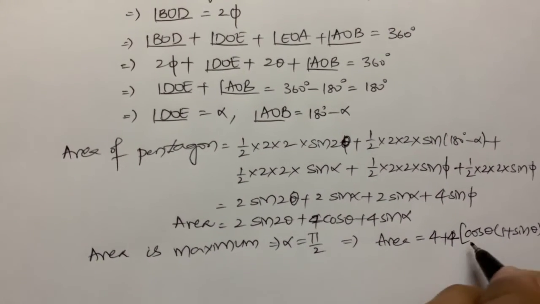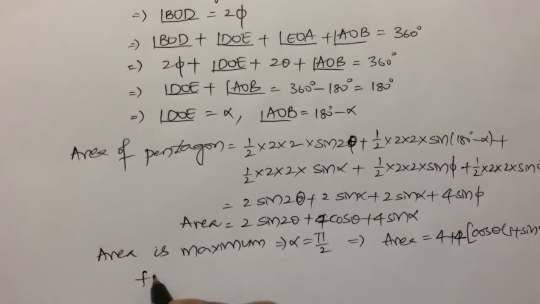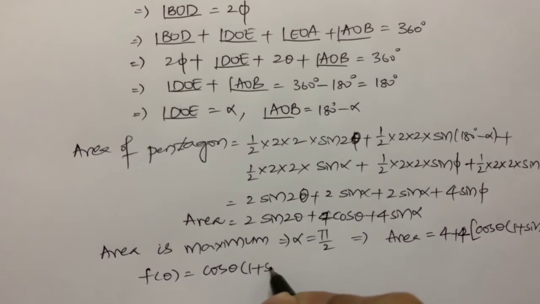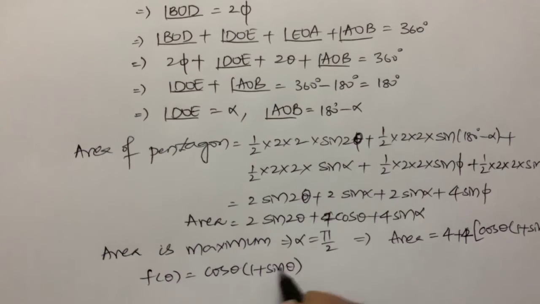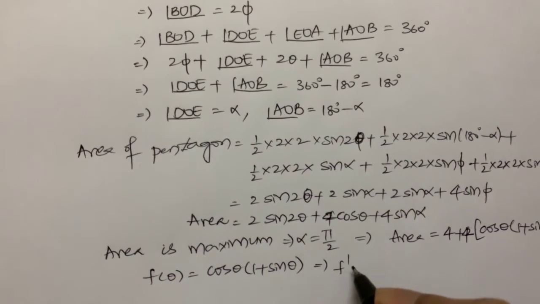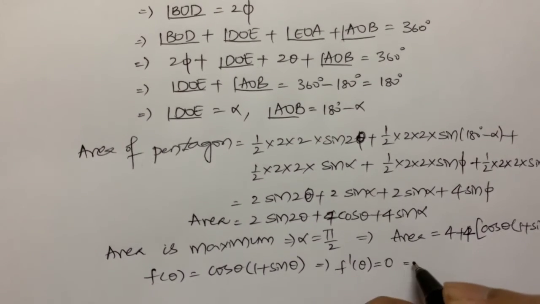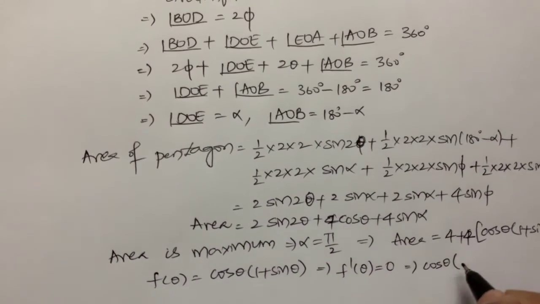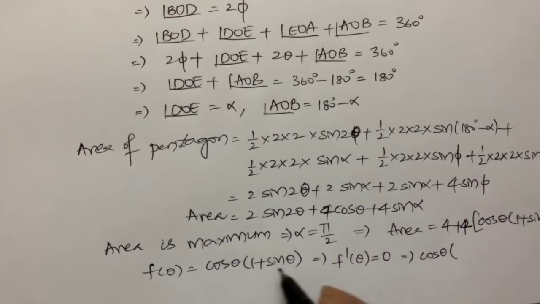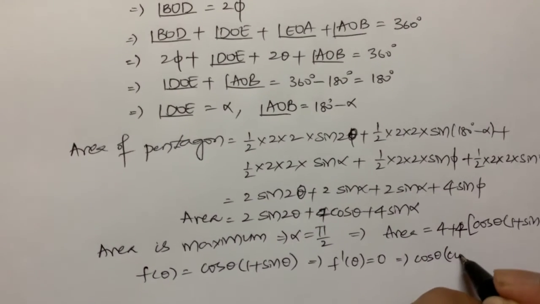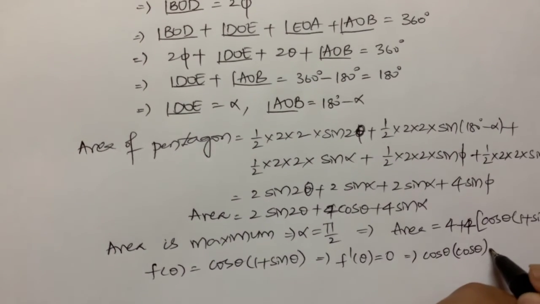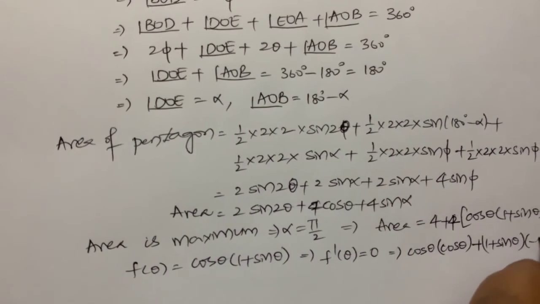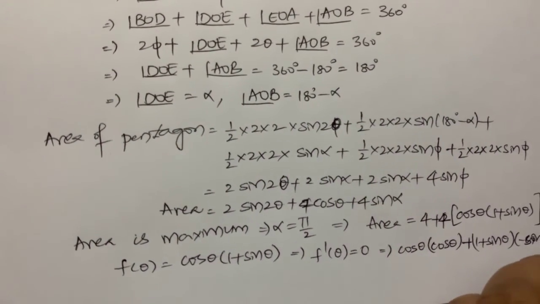We have to make this maximum. So f of theta is equal to cos theta into 1 plus sin theta. To make this maximum, f dash theta should be 0. So what is f dash theta? Cos theta into the derivative of 1 plus sin theta, which is cos theta, plus 1 plus sin theta into minus sin theta, because the derivative of cos theta is minus sin theta, is equal to 0.